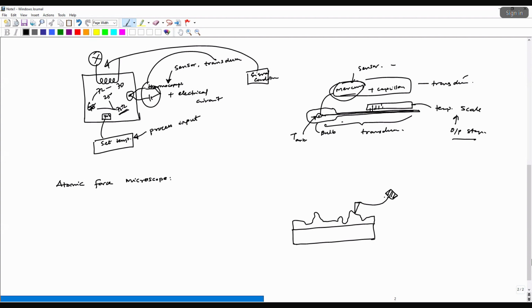And this is mounted onto what is called a J scanner. It basically runs over this rough surface and reproduces the topology. So what is important is this cantilever tip.